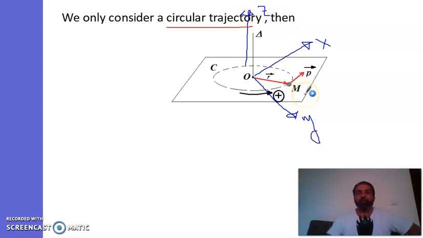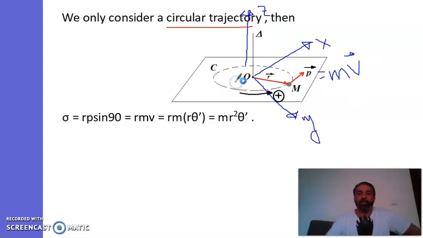So what's the angular momentum? Remember, it is a cross product between the position vector r and the linear momentum p, which is always equal to mv, right? So if you do the cross product, then sigma equals rp sine 90.